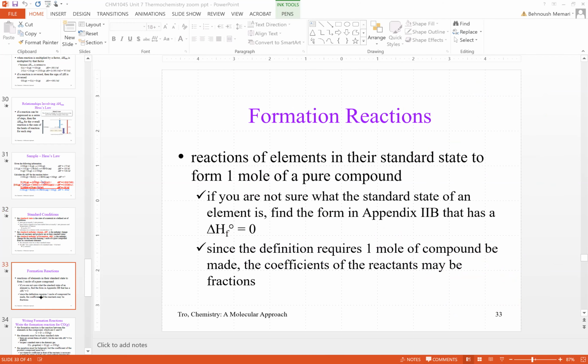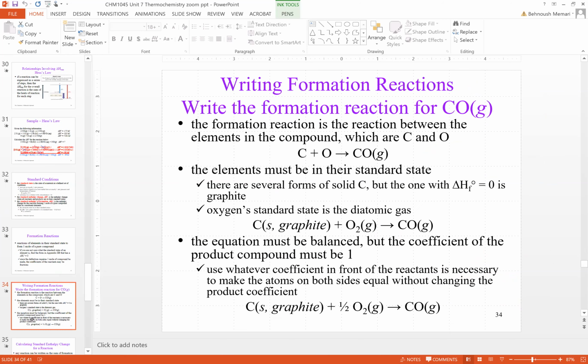So delta H formation can be used in order to find the delta H for a reaction. So delta H formation for CO is coming from graphite and O2, that is 1 mole of CO that is forming.